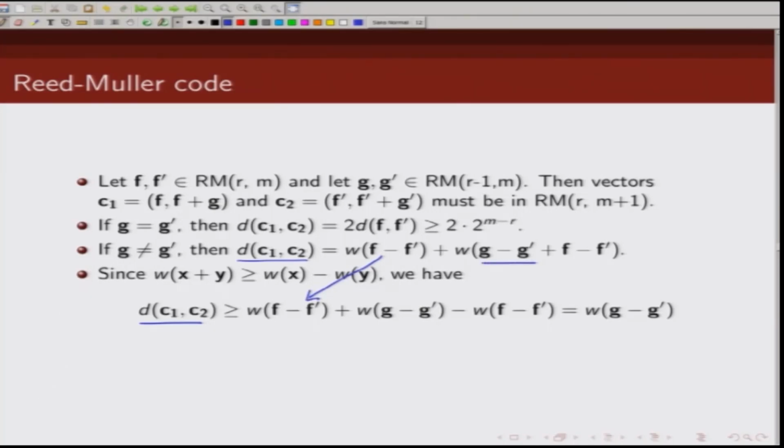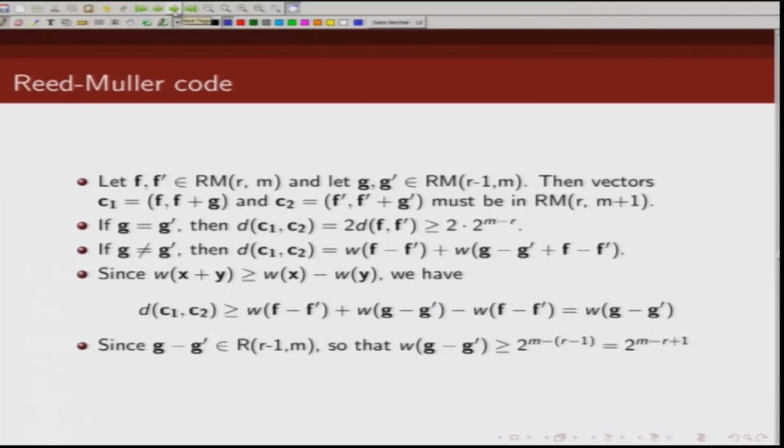This was weight of x, let us say this was x, this was y, this I can write as greater than or equal to weight of x minus weight of y. So, this weight of x is this term, minus weight of y, which is this term, fine. Now this cancels out, and what I get is weight of g minus g hat.